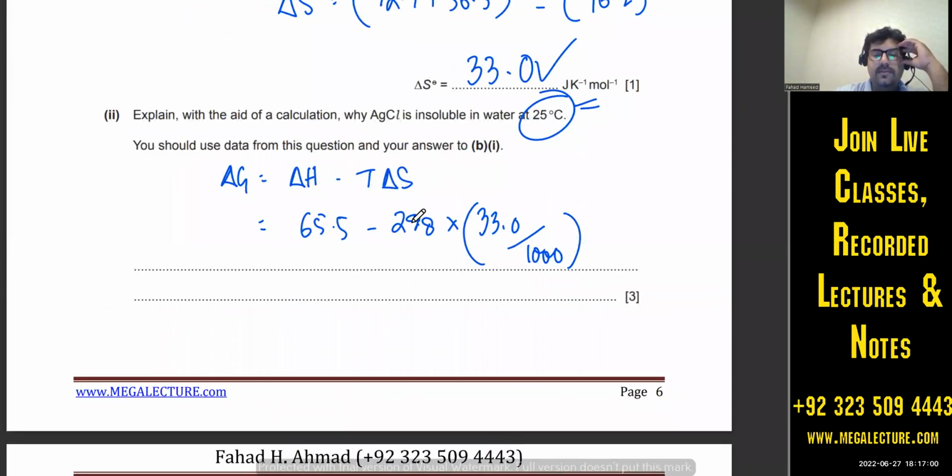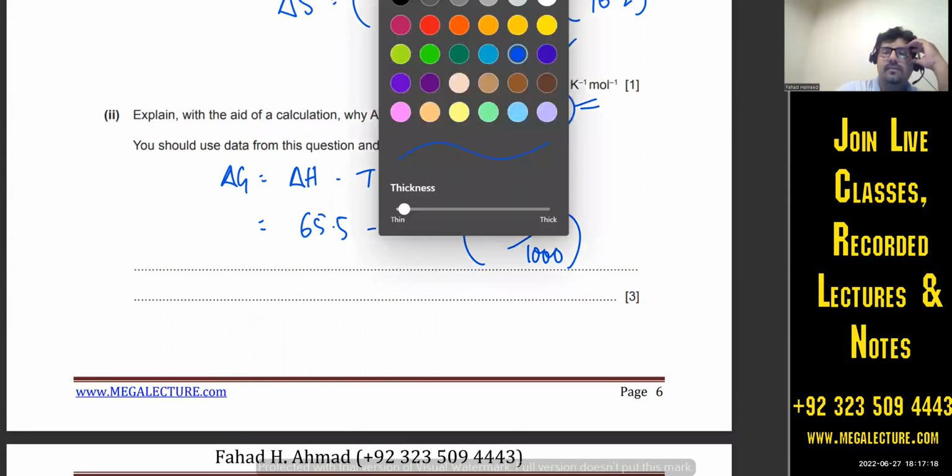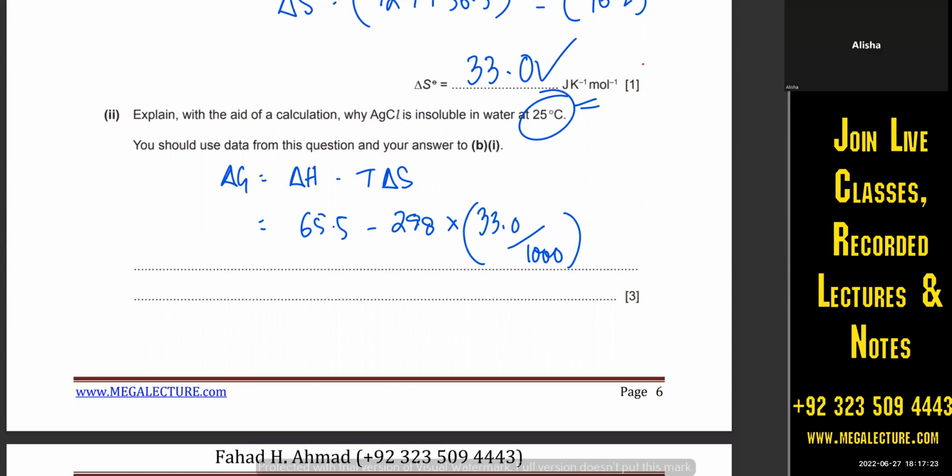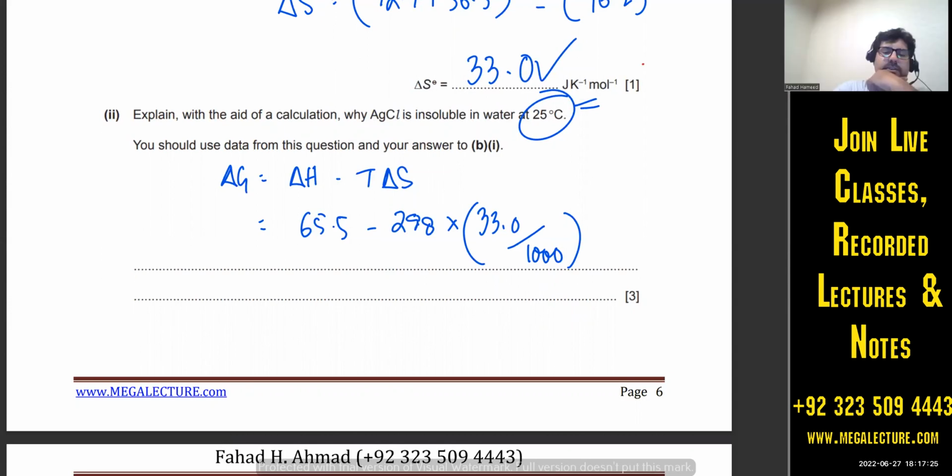So what do we get here? 55.7. And the important thing is you're getting a positive value. So that means it's not feasible, right?